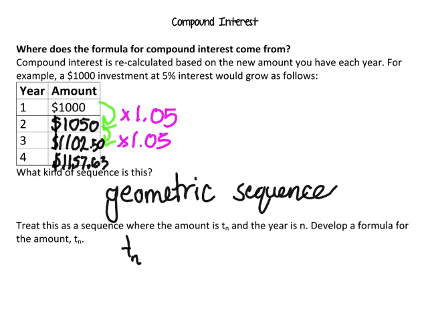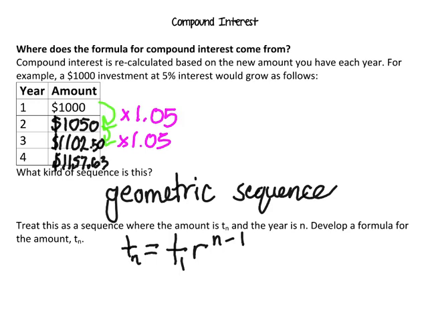Tn, that's the nth term. So maybe if it was the fourth term, it would be the $1,157.63, is equal to T1, that's the first term, so that'd be the $1,000, times R. R is the multiplier, that's the 1.05 that we're multiplying by every time, to the power of n minus 1, and n is the year number.